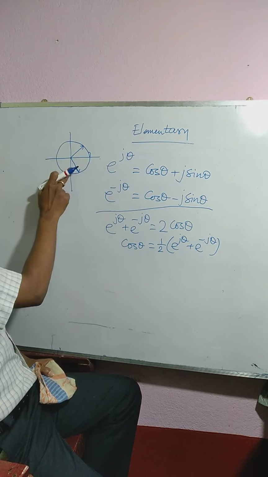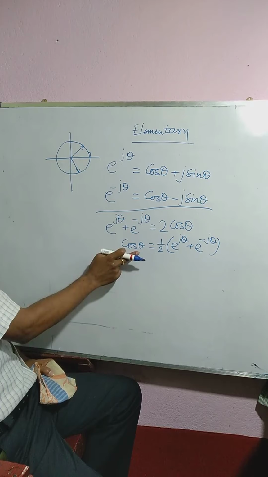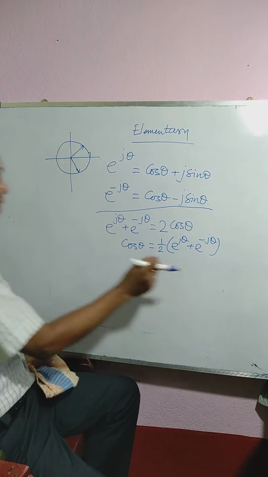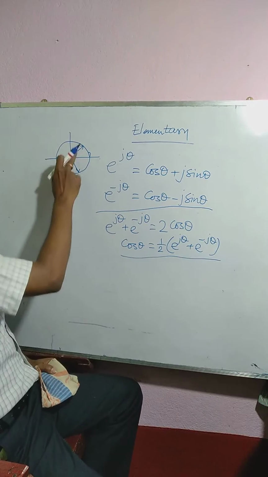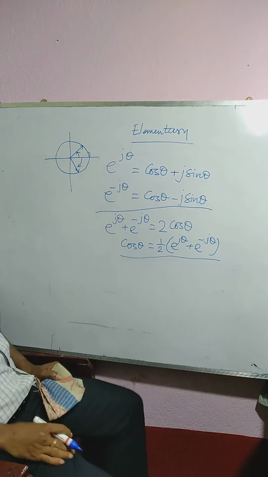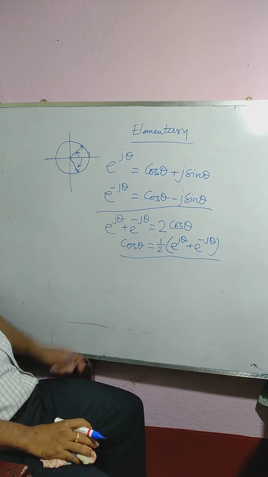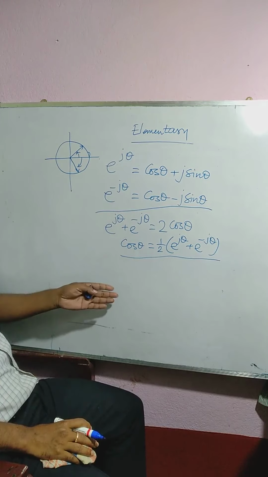If we add these two, we will get what? This real part. Therefore, cos is nothing but the summation of two exponents running in two opposite directions. In a similar way, sine can be represented.